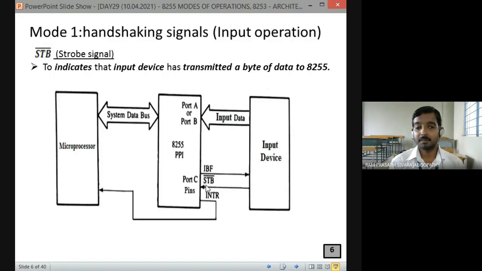On seeing the name of the signal, you can tell. Yes, STB bar is an active low signal. That means generally the STB bar signal is high. Whenever the input device wants to send data, it will pull the signal low. Correct? In response to that, what does 8255 have to do?